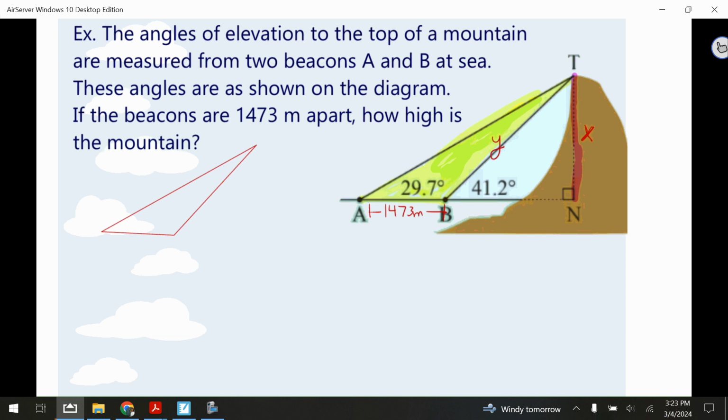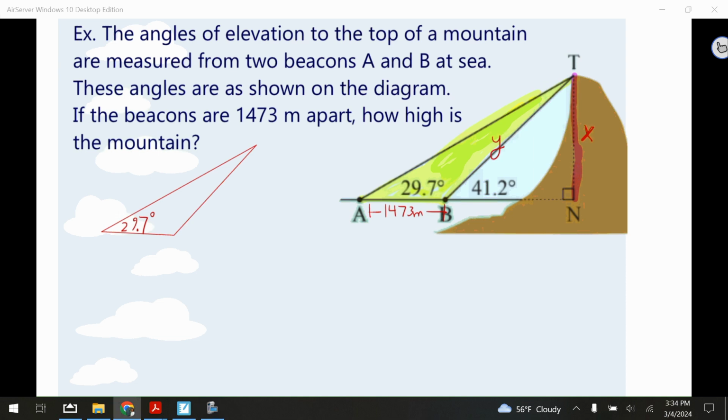This angle right here is 29.7 degrees from my diagram. So I redrew the triangle over here.